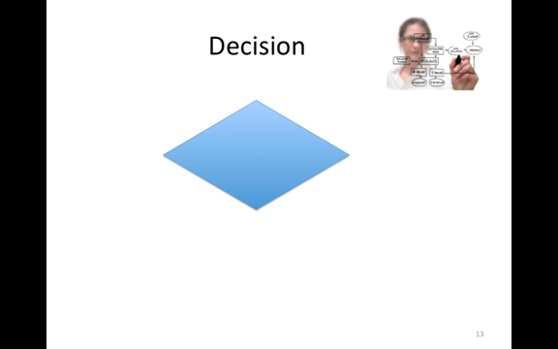One of the biggest, hardest things for students in my experience to deal with is this idea of a decision. A decision is always in the form of a diamond, and there are a number of other videos that I'm going to go through in great detail about the specifics of each of the kinds of shapes in the flow chart. But the decision comes in the form of a question in a diamond.